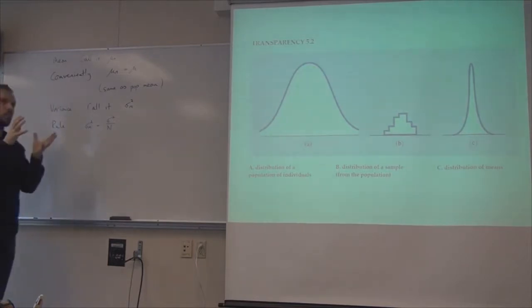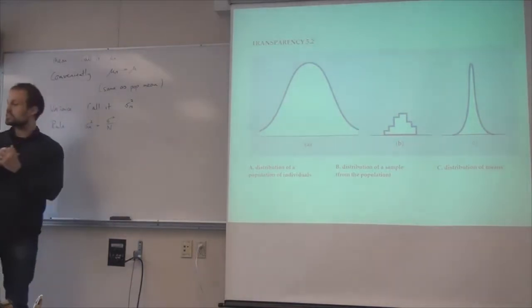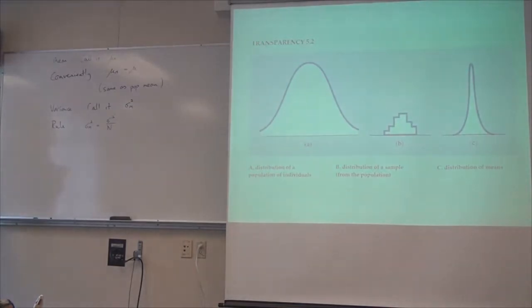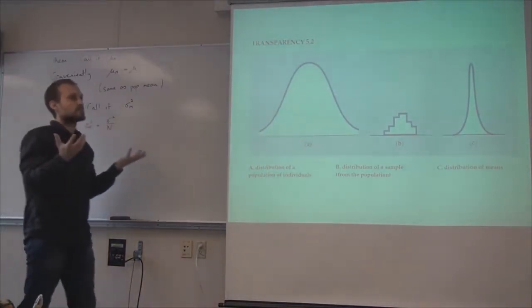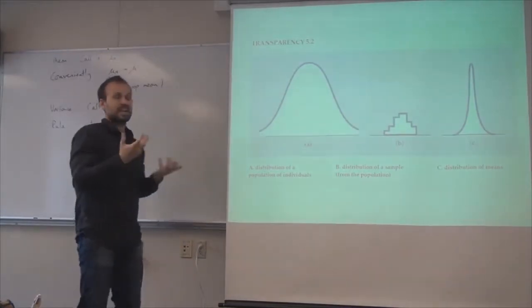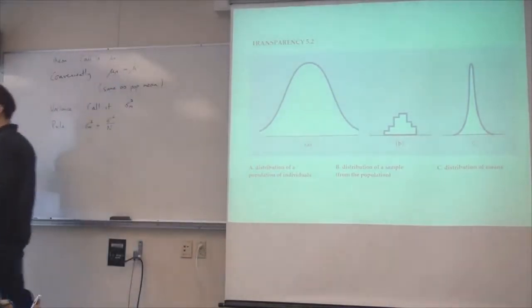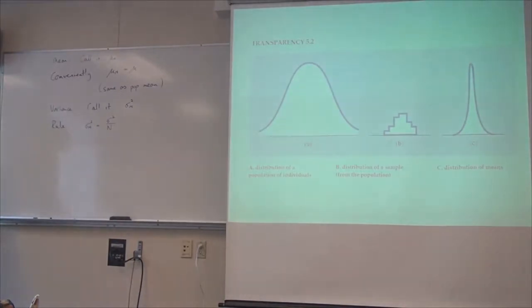Base my decision on what the sample average is. But then I have to look at how that sample average sits among all possible sample averages. Is that a likely sample average? Is it not? How does it compare to the distribution of all sample averages?